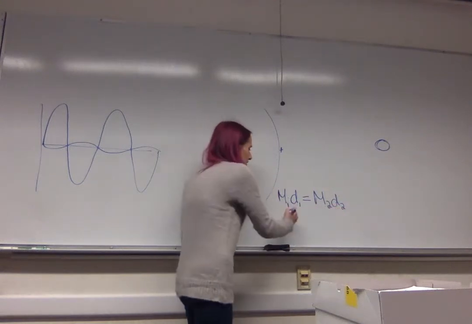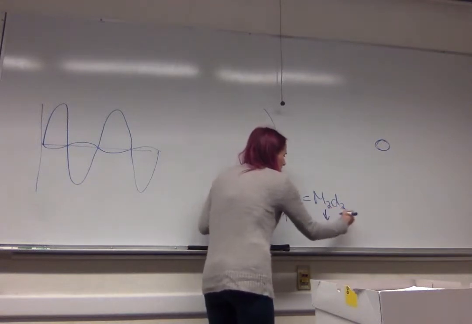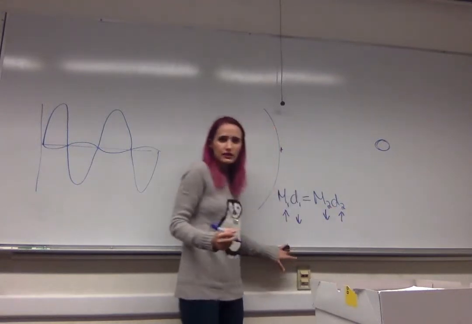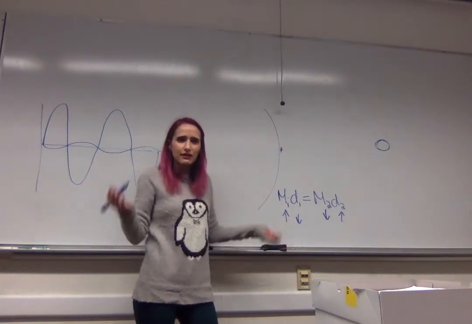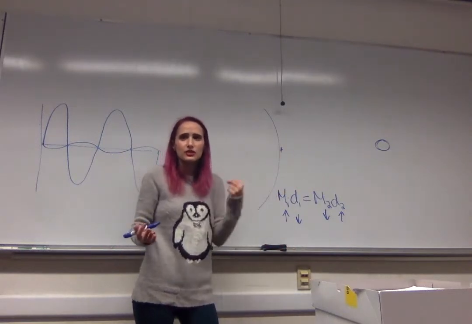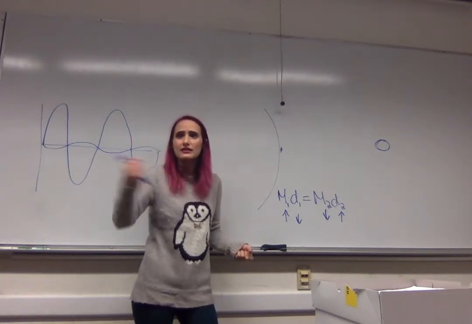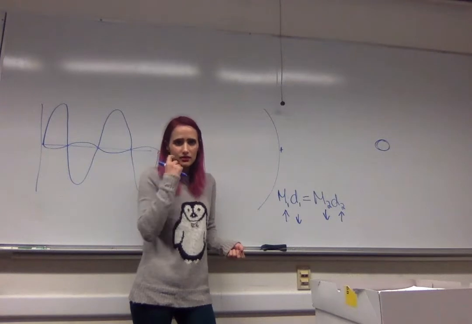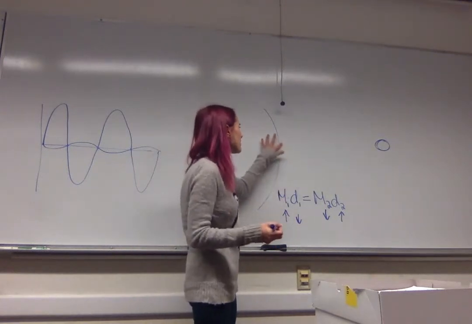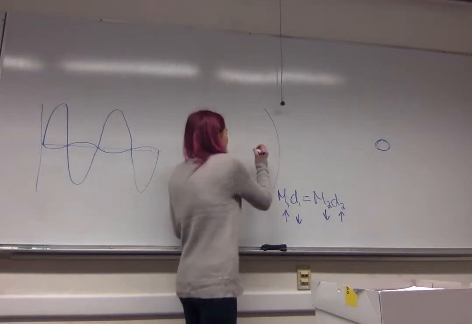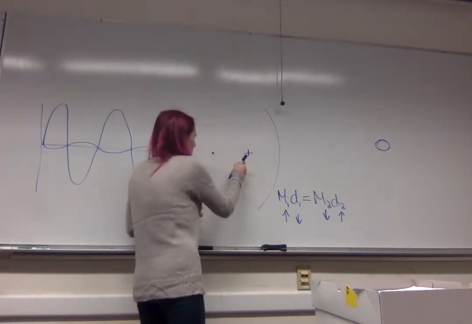Does that make sense? You have to balance. If you have a big mass, you have a short distance from the center of mass. If you have a little mass, you have a big distance from the center of mass. So for the sun, the center of mass is actually inside the sun. It's not at the center, but it's inside it.